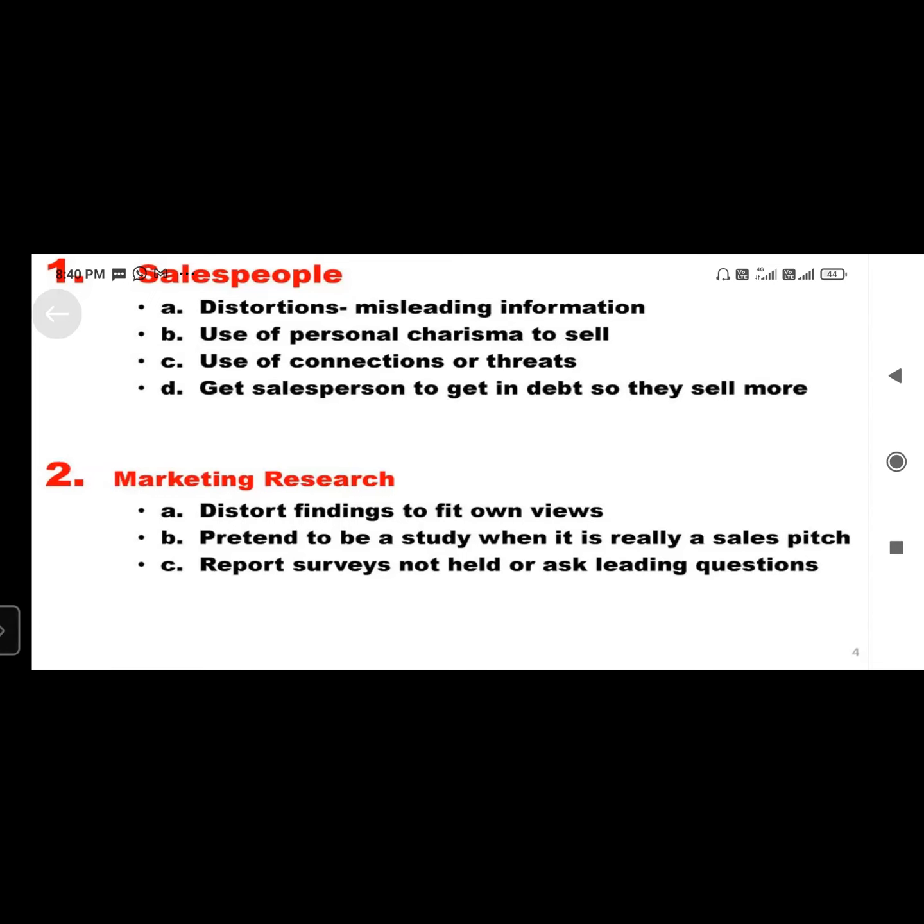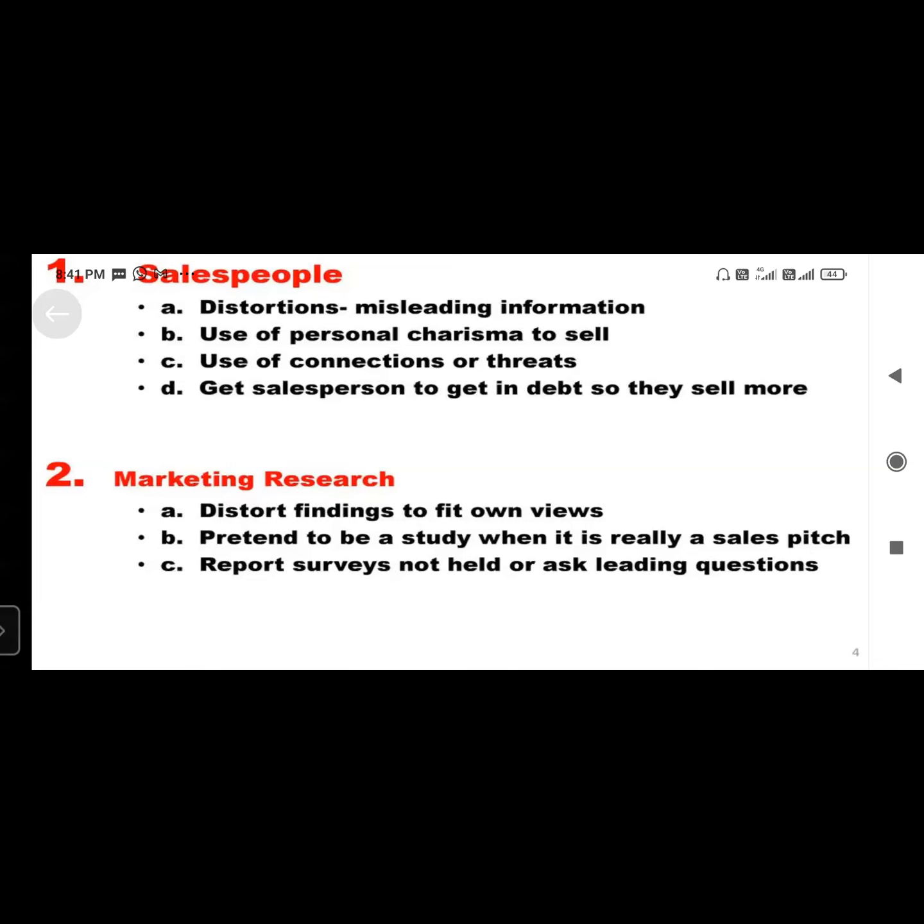So such type of calls which we normally receive, they are actually the sales pitch. Sales pitch, I hope the marketing students might be knowing the meaning of this, where you are promoting your brand.